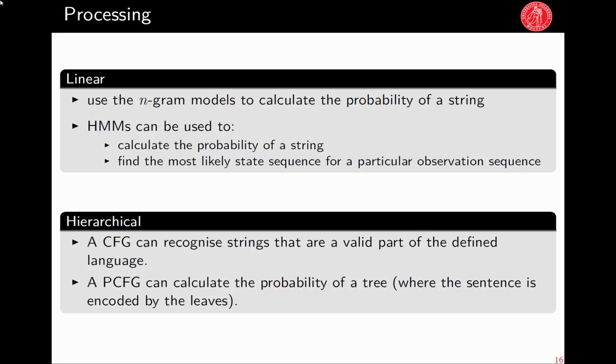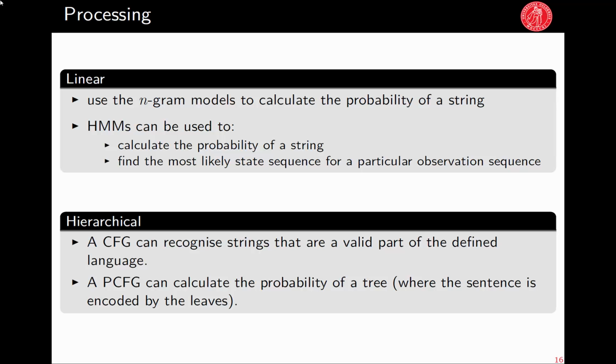These were the models, and then we combined these models with algorithms to compute in this probabilistic space. Computing the probability of a string using a language model is a straightforward application of the chain rule. HMMs, we studied 2 tasks, actually using the HMM as a language model.